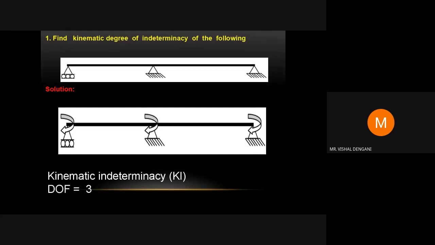At roller support the degree of freedom will be 1, theta z only, delta x will be 0 because we are neglecting axial deformation. And at hinge support theta z will be 1. Accordingly, you have to calculate the degree of freedom. Either it may be roller or hinge, the degree of freedom will be 1, that means theta z. So here in this type of beam, the degree of freedom is 3. Understood?